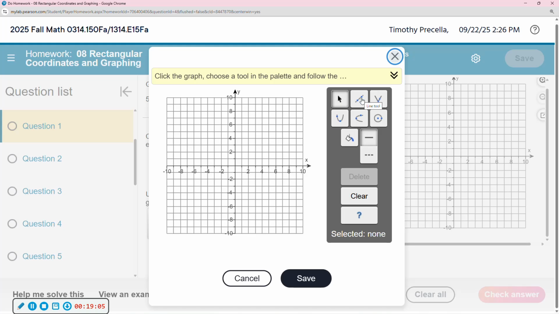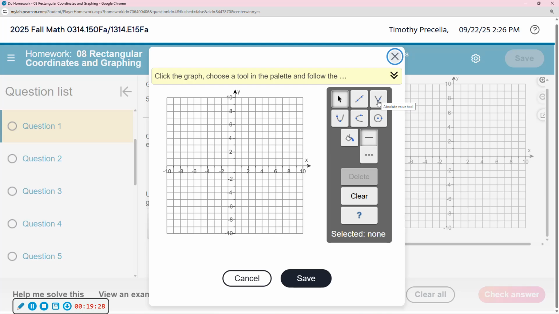Like right there, line tool. If you hover over, I know you can't, it's too small for y'all to read this, but when you're doing it yourself on your own device, you can see hovering over the little thing. Absolute value tool. You'll use the absolute value tool when you have, guess what, absolute values in the equations.